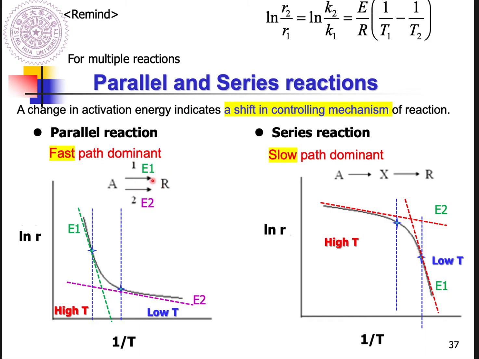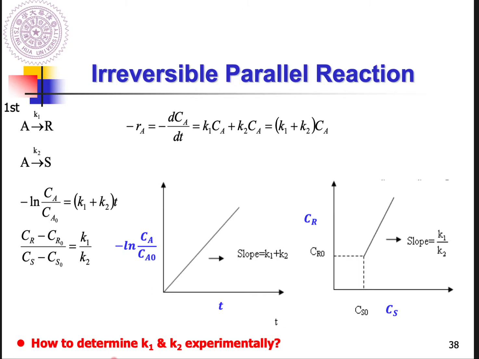So what are K1 and K2? You need to design experiments to find K1 and K2. So how do we determine K1 and K2 in an irreversible parallel reaction? Now we have a first order reaction, where A generates R with rate constant K1, or there is the other possibility, A generates product S with rate constant K2.